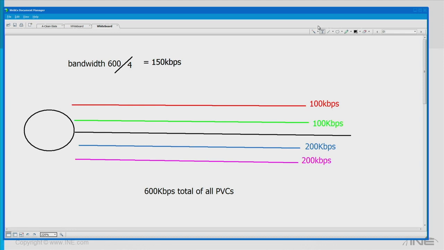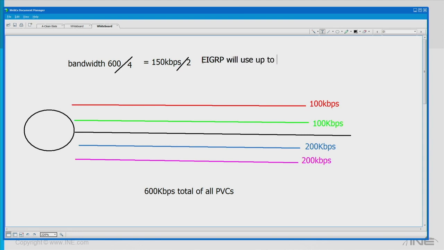And then what I'm going to do is take that and divide that by half. EIGRP will use up to 75 kilobits per second per PVC. So just to recap, I set the bandwidth to the total of my committed information rate for all of my permanent virtual circuits, which was 600 kilobits per second.